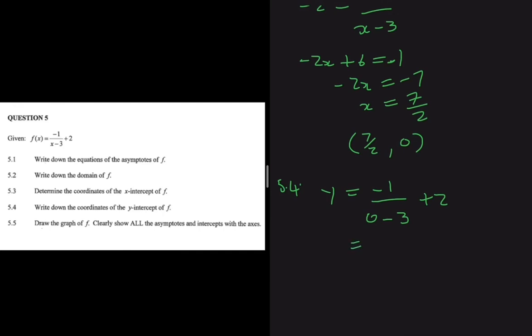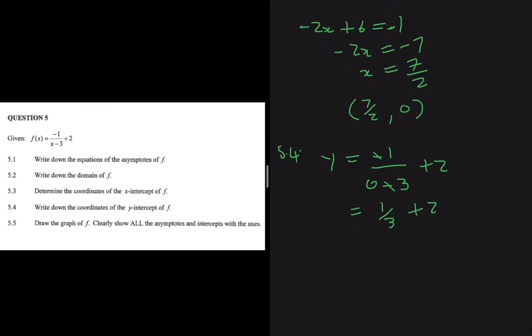This will give us 1 divided by 3, this negative and this negative, and then we have plus 2. And then here, the way I do it, I give 2 a denominator of 3 so that I can just add the numerators, right? So this will be 1 divided by 3 plus 6 divided by 3. This is equal to 2.